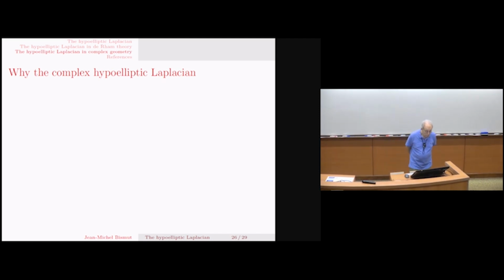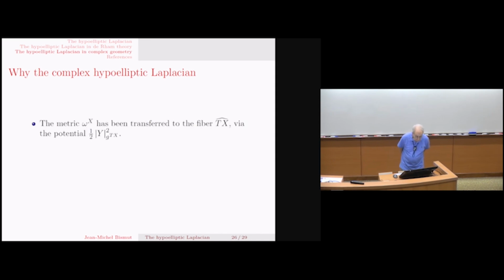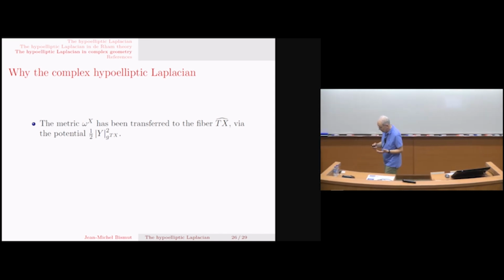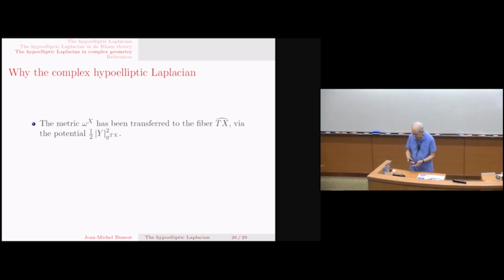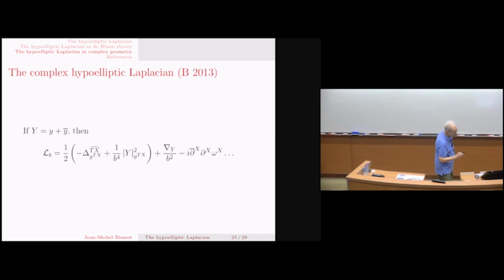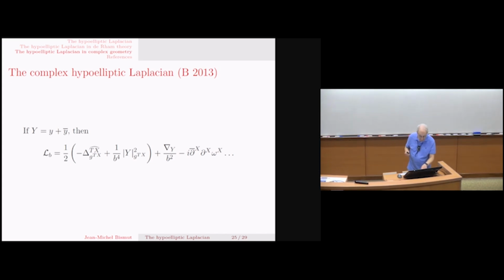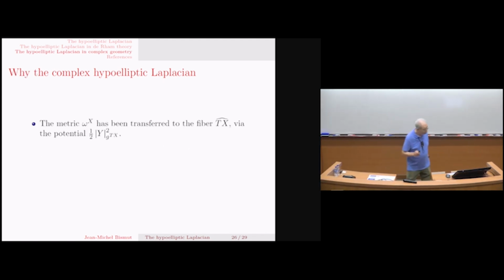So why do we introduce this complex hypoelliptic Laplacian? First of all, as I mentioned before, the point of the hypoelliptic Laplacian is that it transfers a metric question on the base to a potential function on the fiber. So you have this y square, which is computed using the metric on the base. But while before, in the classical Hodge theory, what you had was a second order operator acting on the base, what you now have is a function along the fiber.